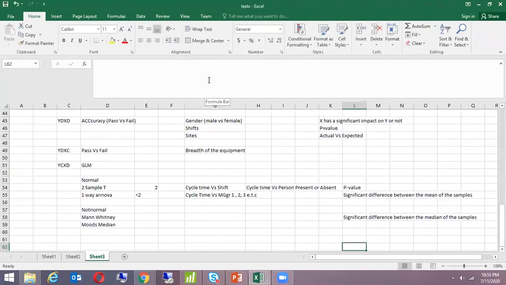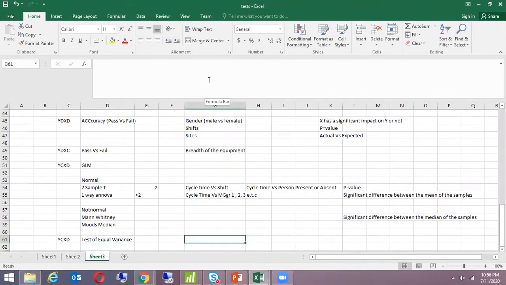Okay, and the last test which we have done is the test of equal variance. Where again the condition remains the same, Y continuous, X discrete. Here I am taking the same examples. Here it doesn't matter how many samples you have, you do only these tests.